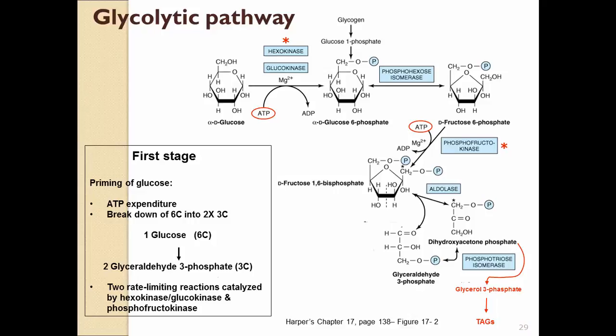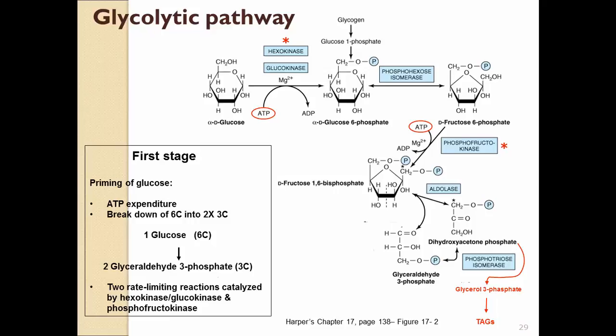And these 2 key reactions actually consume ATP. And lastly, generating these 3-carbon molecules, right? These 2 molecules can be interconverted, right? So these are both 3-carbon molecules, but they can interconvert.